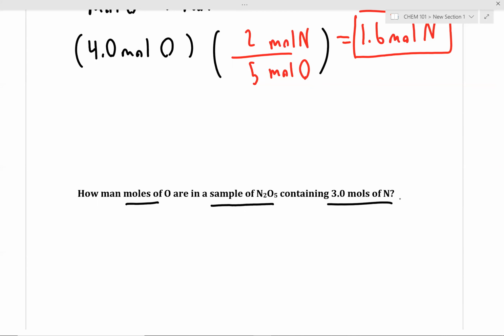It's something I added to this page. Everything going on? Yep, looks good. Yes, that's it. So what are we starting with, moles of oxygen or nitrogen? Oh, oxygen. We're starting with nitrogen. Yep, so your conversion should be flipped.